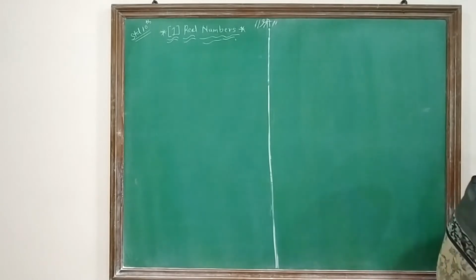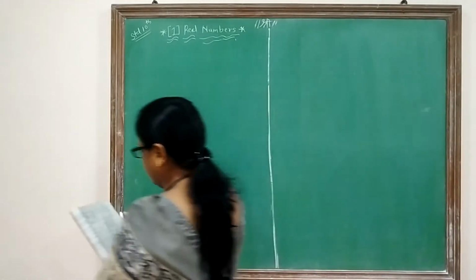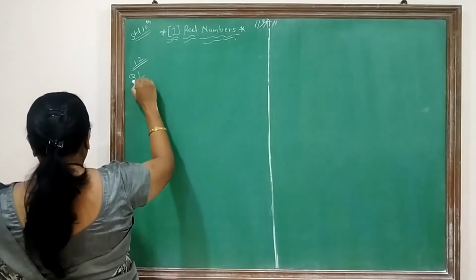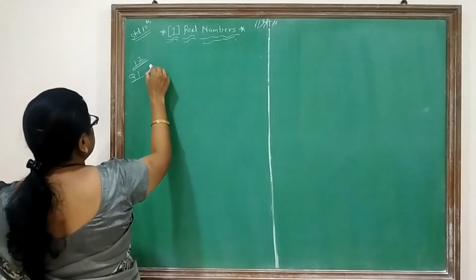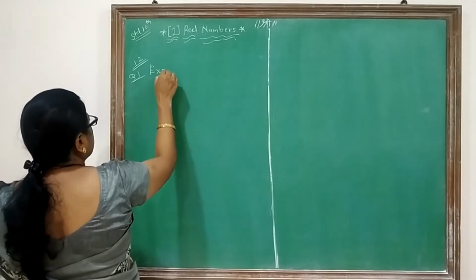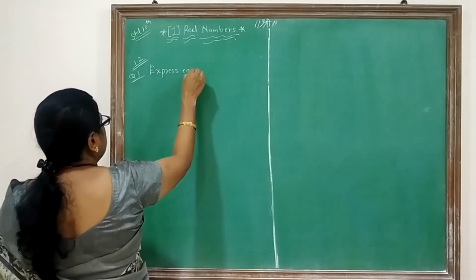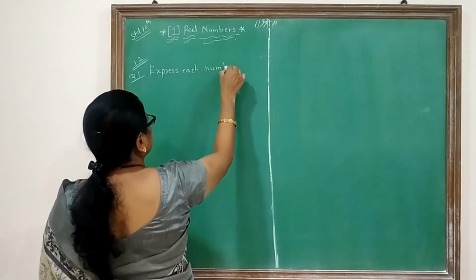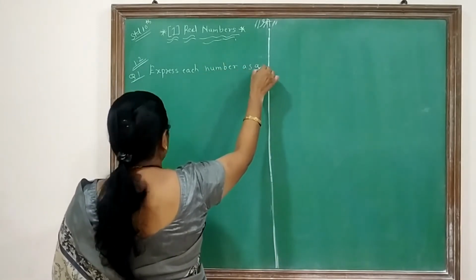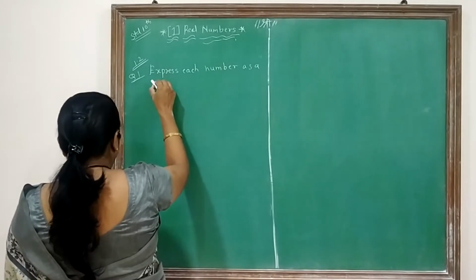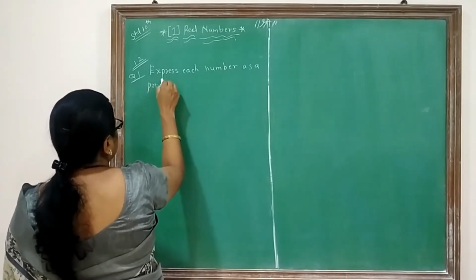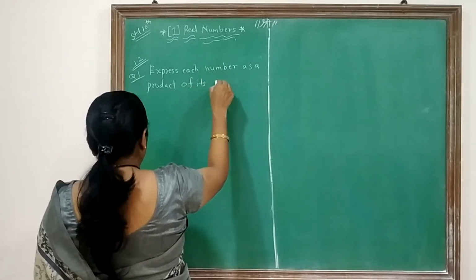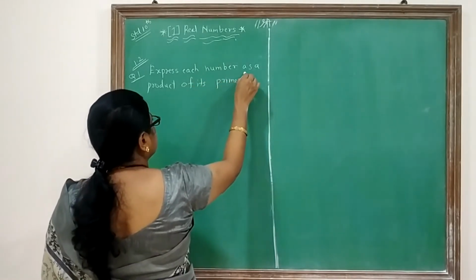Then exercise 1.2, your question 1 is: express each number as a product of its prime factors.